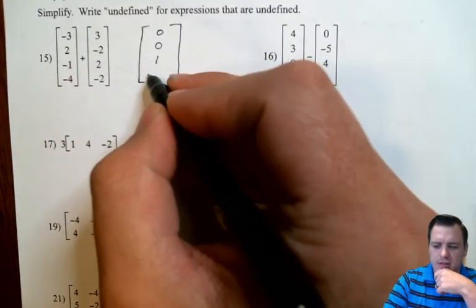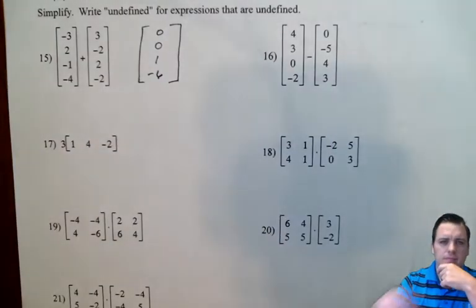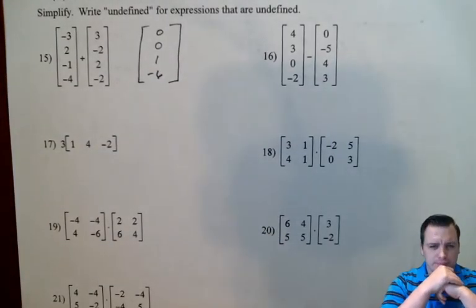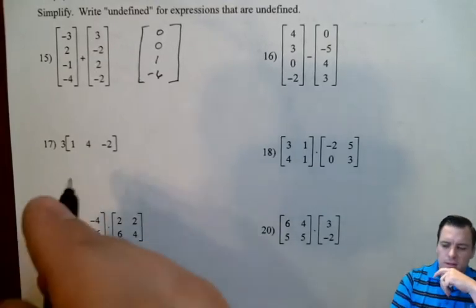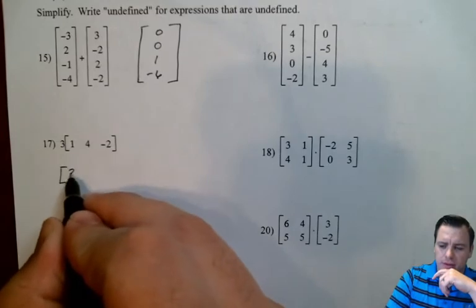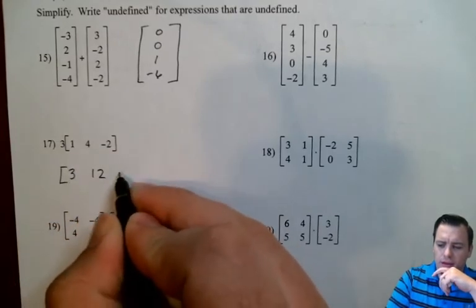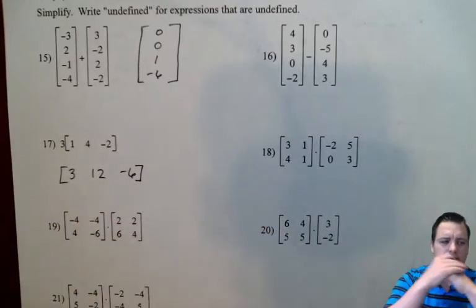Negative 4 minus 2 is negative 6. And that's our answer there. This one right here is just going to be that matrix: 3, 12, and negative 6.